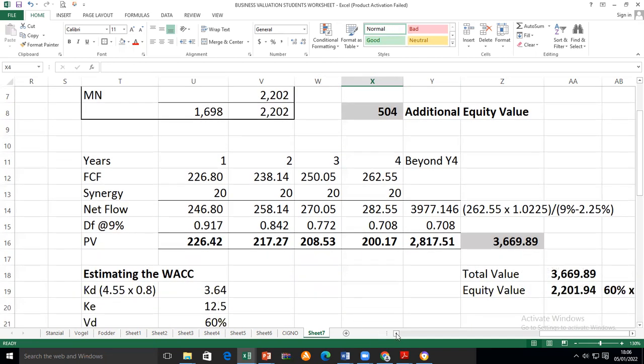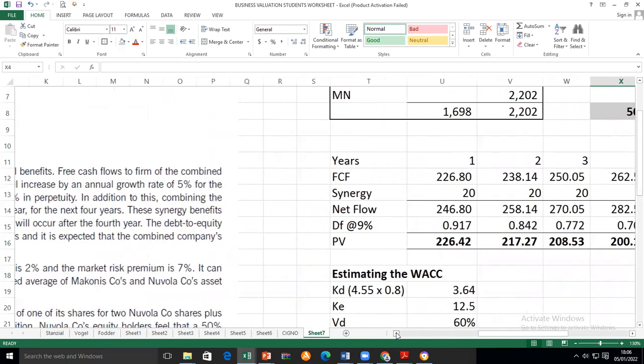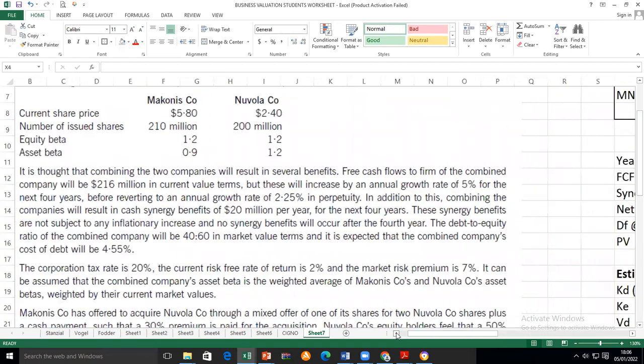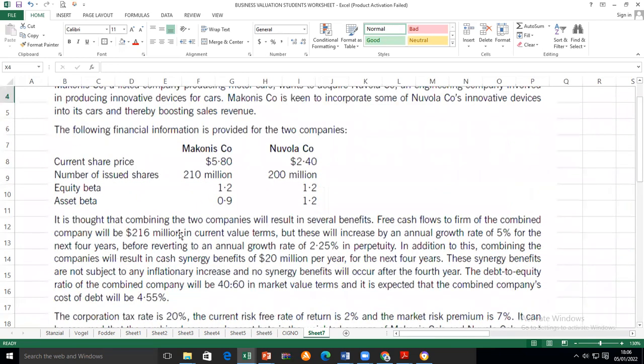What assumptions can invalidate our answer? What are the assumptions that we have made here? Number one, growth will continue at 2.25 in perpetuity. That's a very significant assumption we're making. Number two, the growth over the next 4 years will be 5%.